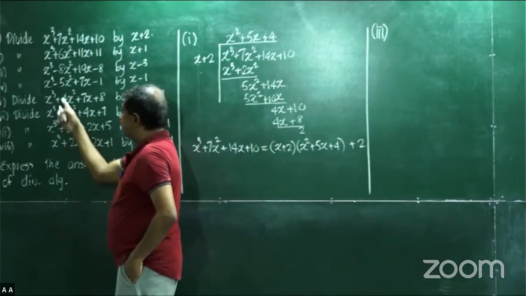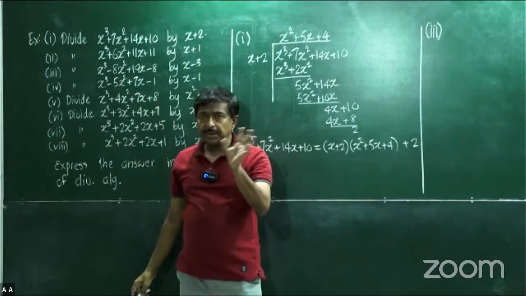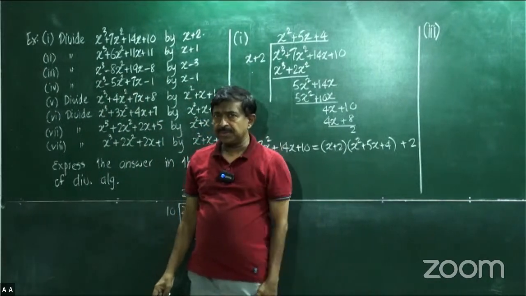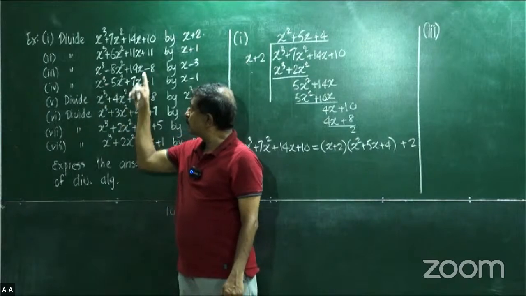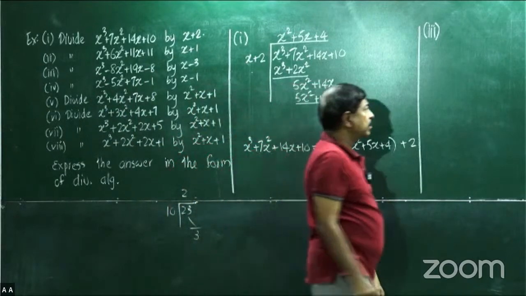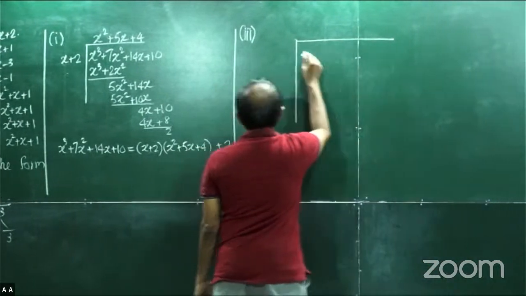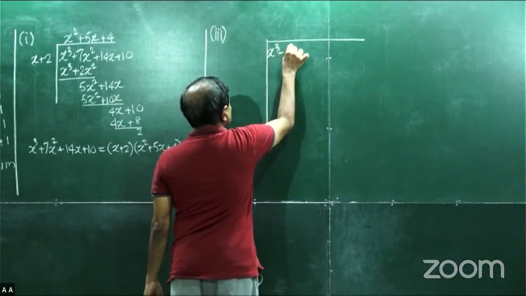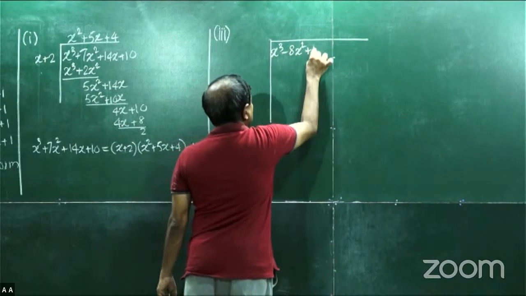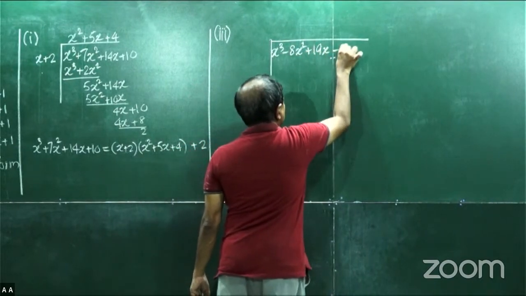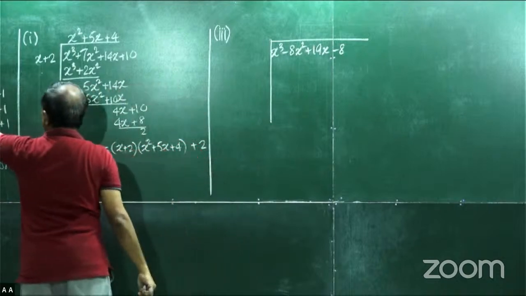We'll do the third, this one. There you need to deal with the negative numbers carefully. Okay. Divided by x minus 3.